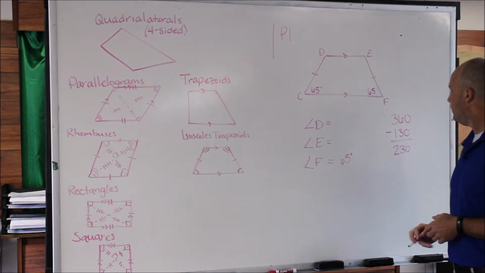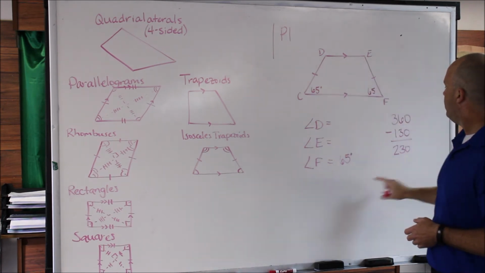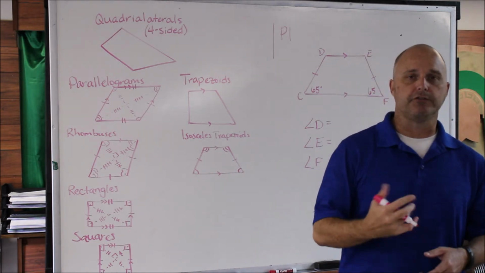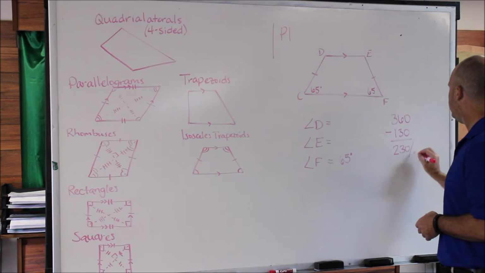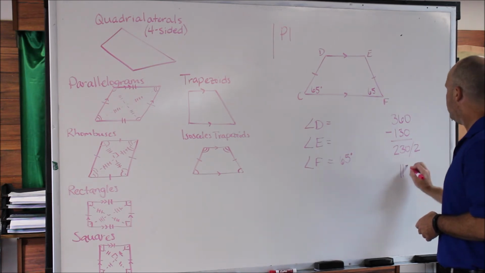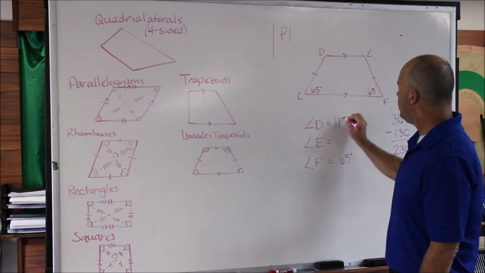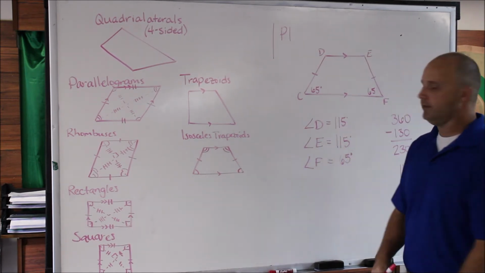That's going to give us 230. What that means is that we're going to split those remaining 230 degrees equally between angle D and angle E. If we divide 230 by 2, that gives us 115 degrees. So that tells us that angle D has to be 115 degrees and angle E has to be 115 degrees.